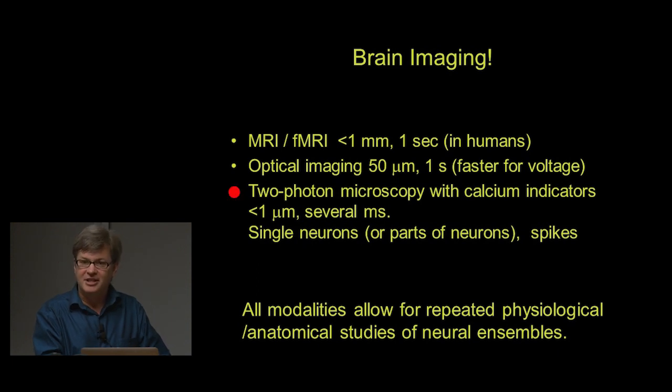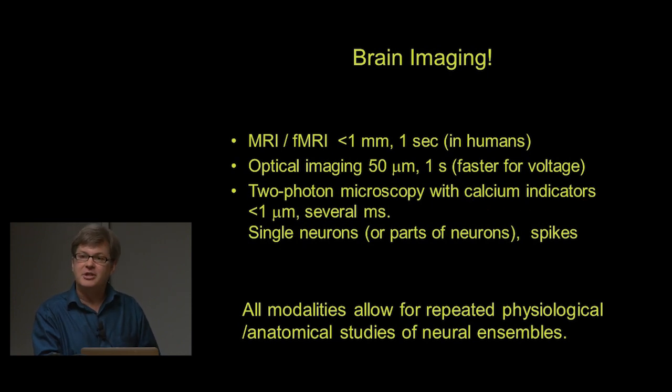Two-photon microscopy is really the reason why I'm here, meaning the reason I moved to the Allen Institute to start a large-scale project along with many colleagues to look at neural activity. This new technique of two-photon microscopy has just blown up in the field, allowing us to see things that weren't visible before, particularly with calcium indicators, and I'll talk about those later.